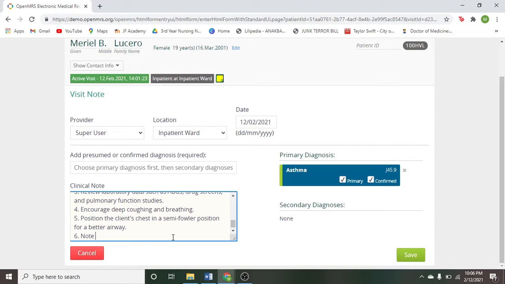Sixth is to note the emotional responses, because the patients have the tendency to have anxiety due to hyperventilation. And then last is to reassure the client and give support when the attack happens.